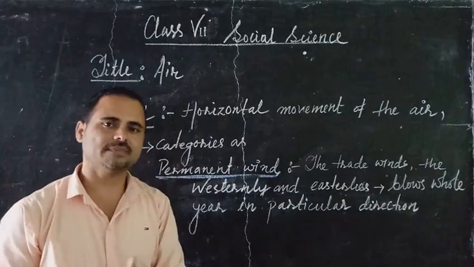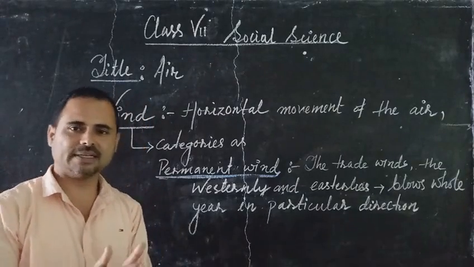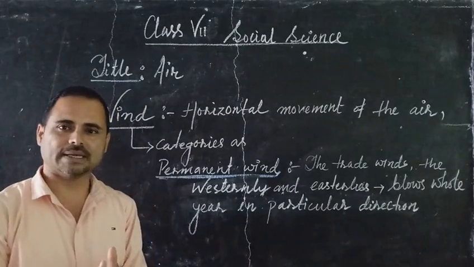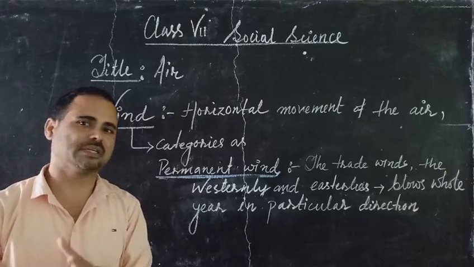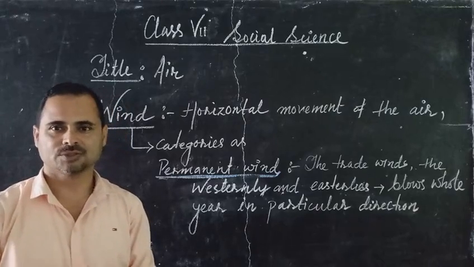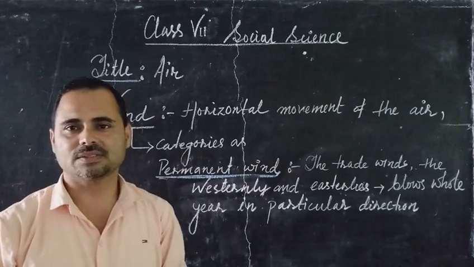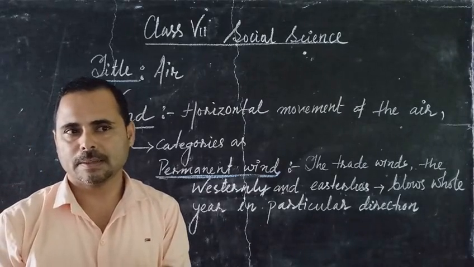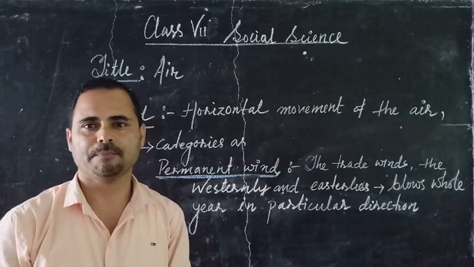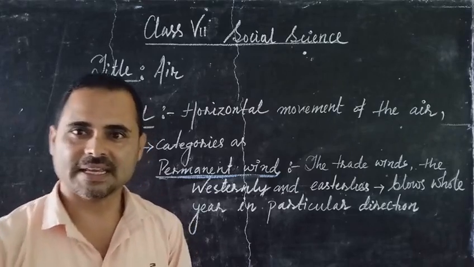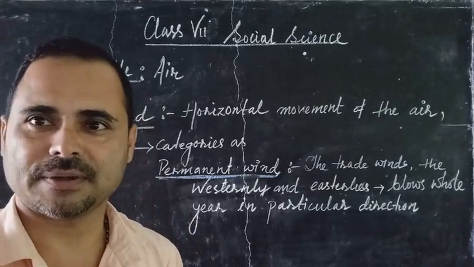So the movement of this wind in a particular direction throughout the year regulates the weather and the climate of that particular place. This is how the wind is one of the important elements which regulate the weather. Now let us see another, that is the seasonal wind.